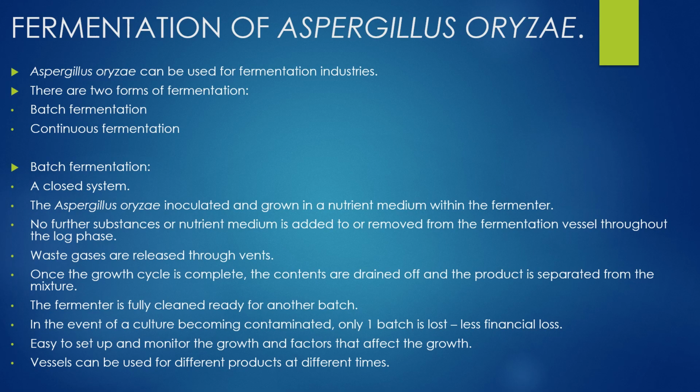Once the growth cycle is complete, the contents are drained out and the product is separated from the mixture. When the fermenter is fully cleaned, it is ready for another batch. In the event of a culture becoming contaminated, only one batch is lost, which means there is less financial loss. It is easy to set up and monitor the growth and factors that affect the growth, and vessels can be used for different products at different times.